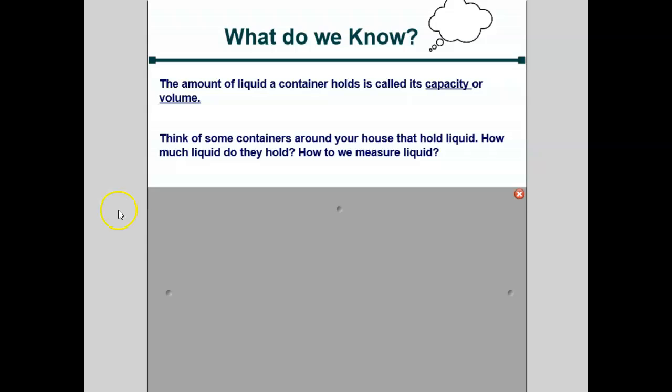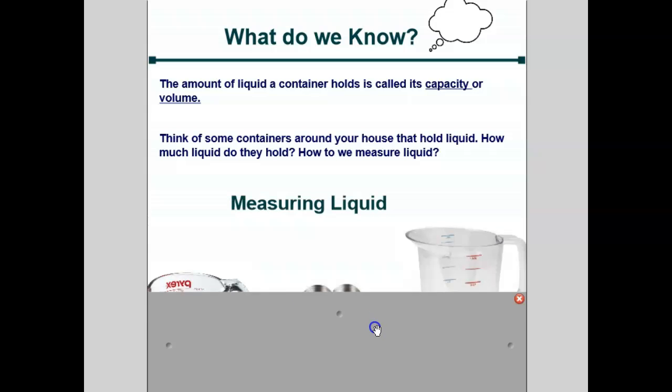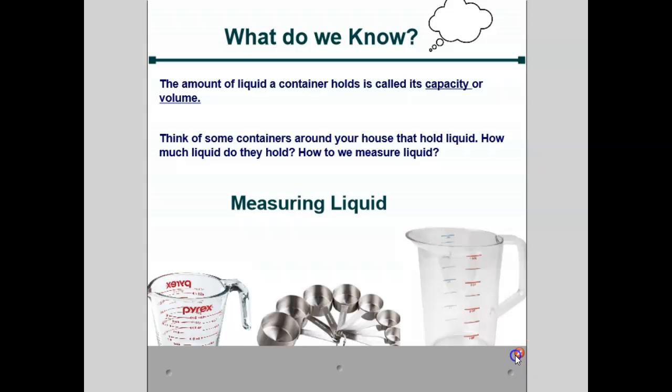Now I'd like for you to think about ways that we measure liquid. So think of when your parents are baking. How do they know how much liquid to put into a recipe? How do they measure that liquid? Fantastic, yes. So we measure liquid using different measuring cups around the house.